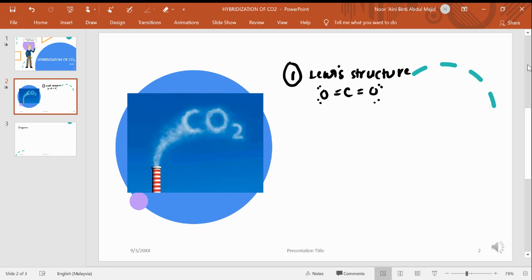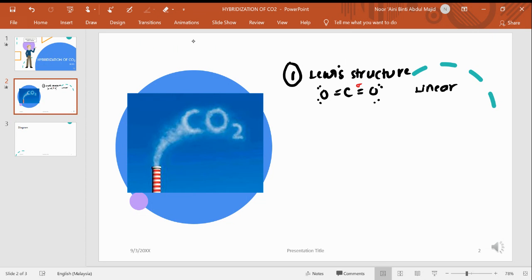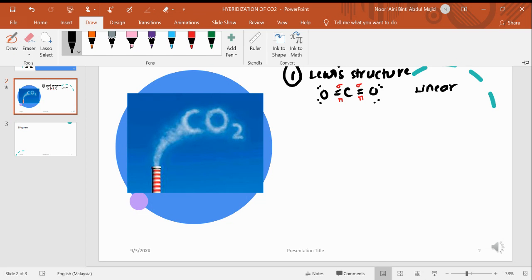Knowing that the shape is linear, if you look at the central atom, it has two sigma bonds and two pi bonds. Now let's start with the ground state.